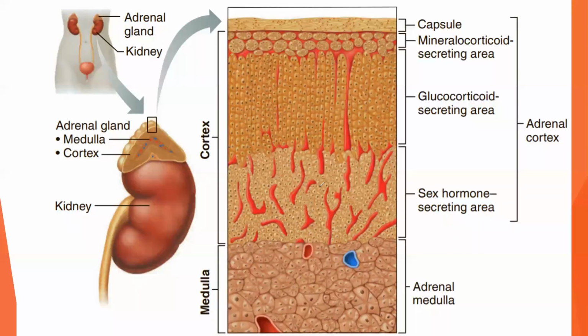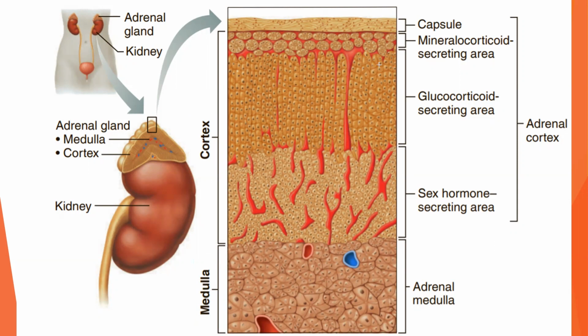Now that we have identified the different sections of your adrenal gland, from the capsule, the cortex, to the medulla, let's proceed to the different hormones that are being released by your adrenal glands.